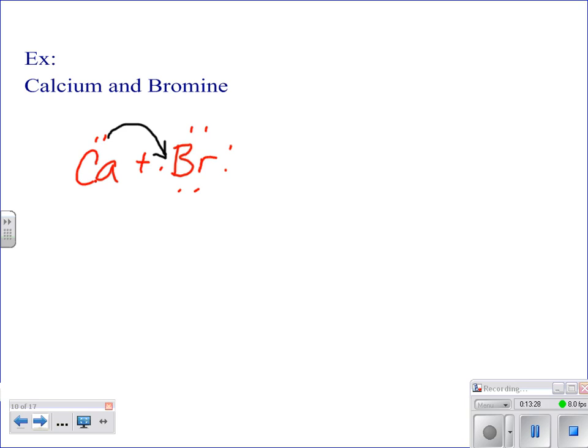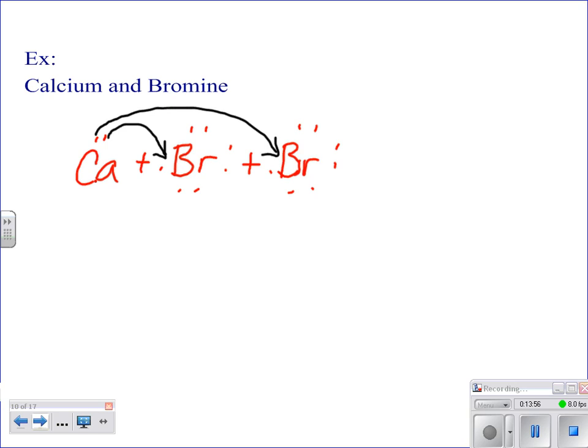We need to add another bromine, because calcium still has an electron to give up. So bromine, remember, oops, sorry, bromine and barium are completely different. There we go. So we added another bromine, and calcium wants to get rid of this electron.